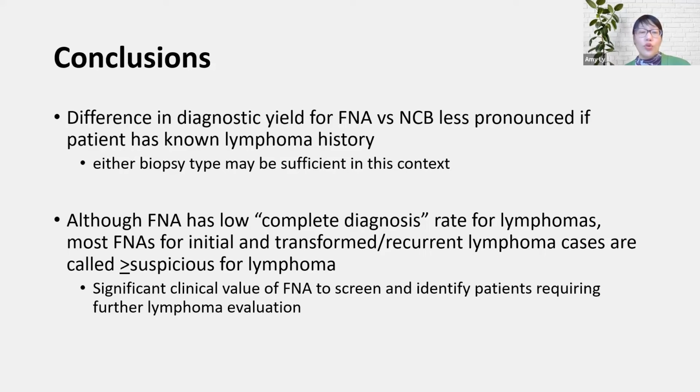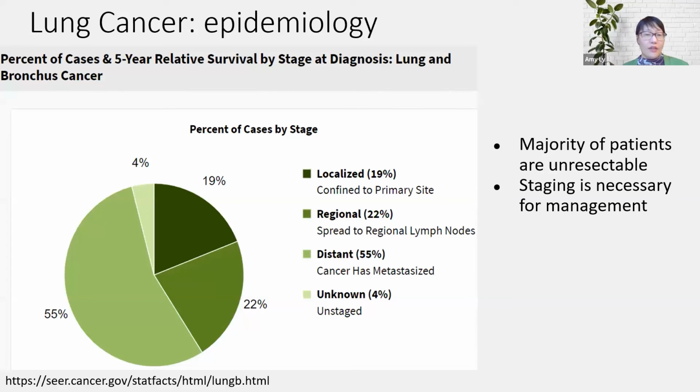And this underscores the clinical value that FNA adds for the ability to screen and triage patients who require further lymphoma evaluation, because most patients who come in with lymphadenopathy do not have lymphoma, they have something else. So FNA and core biopsy really are complementary for different scenarios in lymphoma diagnosis.